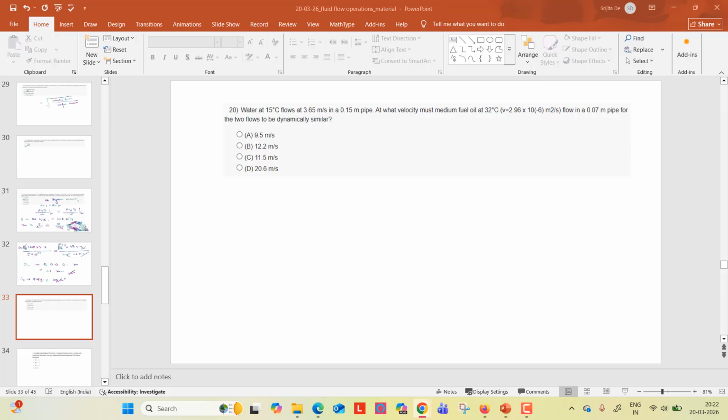Then at what velocity must medium fuel oil at 32 degrees centigrade flow in a 0.07 meter pipe for the two flows to be dynamically similar? To be dynamically similar, the Re of water and Re of oil should be the same.